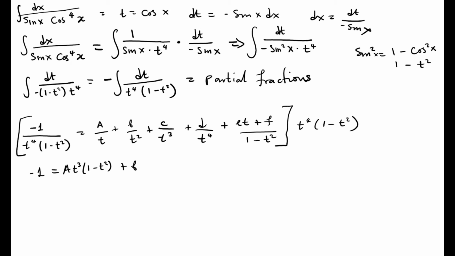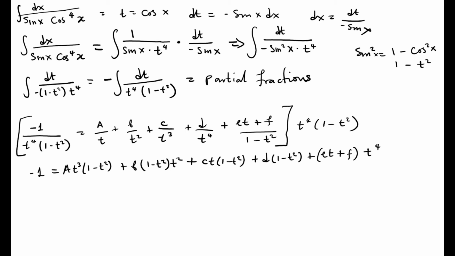plus b (1 minus t squared) t to the power 2 plus c t (1 minus t squared) plus d (1 minus t squared) plus (et plus f), all of this multiplied by t to the power 4. Okay.